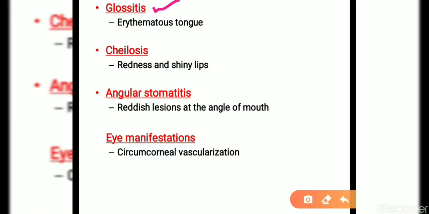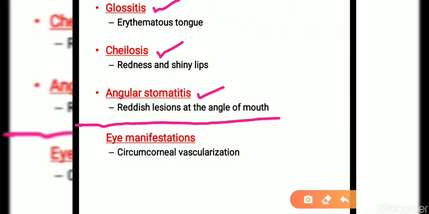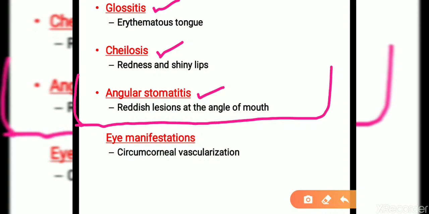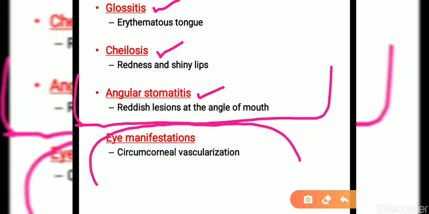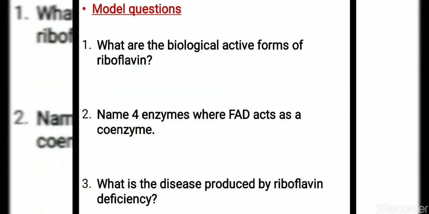These are the manifestations seen in the oral cavity. And circumcorneal vascularization is the manifestation seen in the eye. So these are the deficiency manifestations of riboflavin. That's all regarding vitamin B2. So let's see some questions.